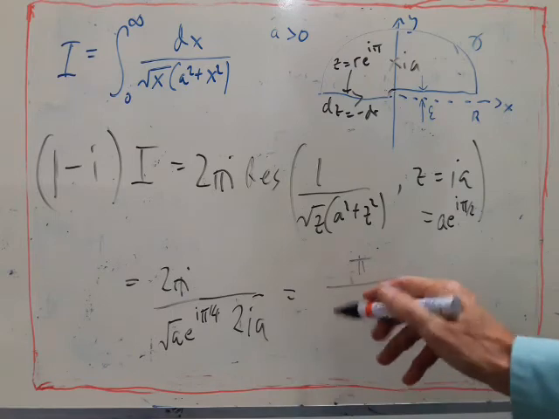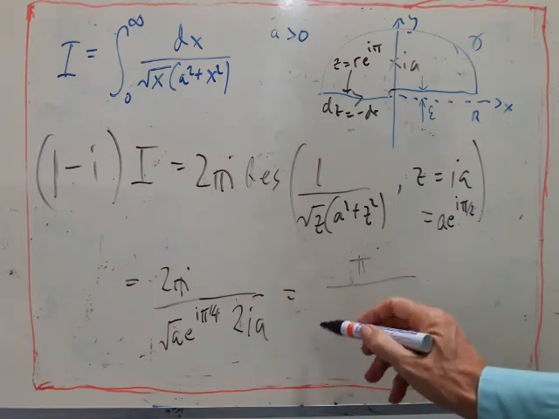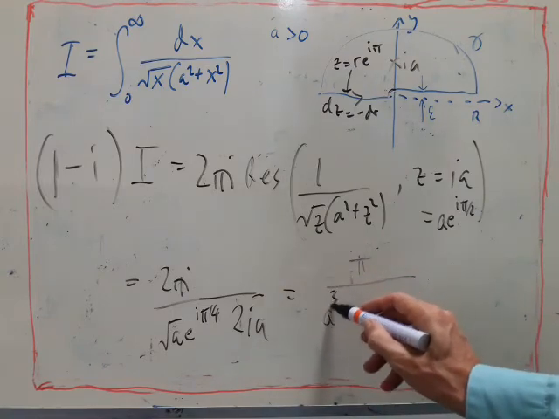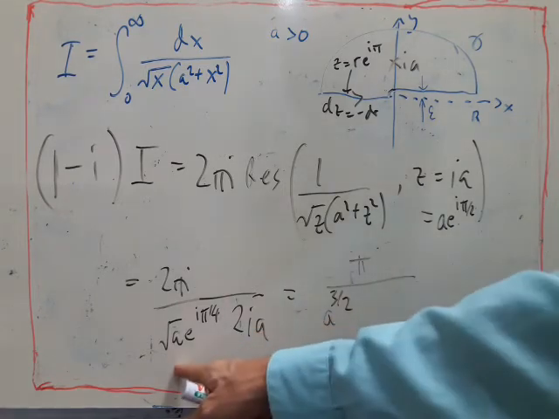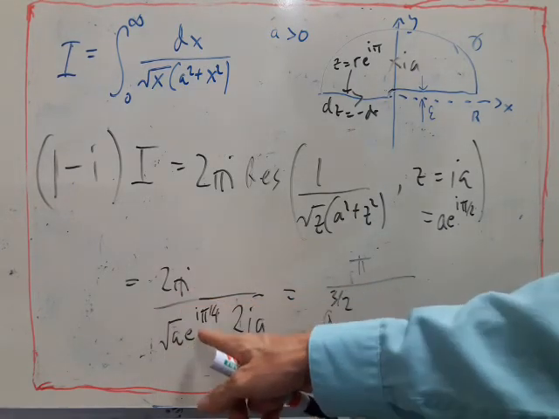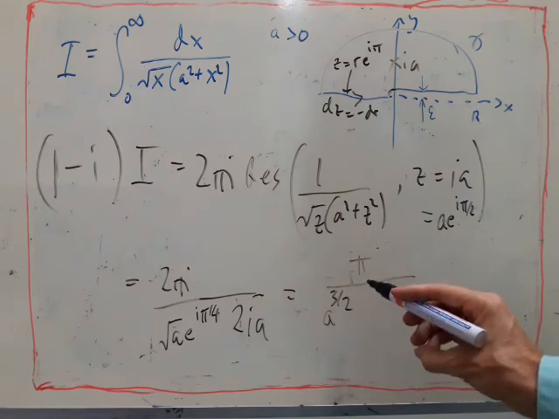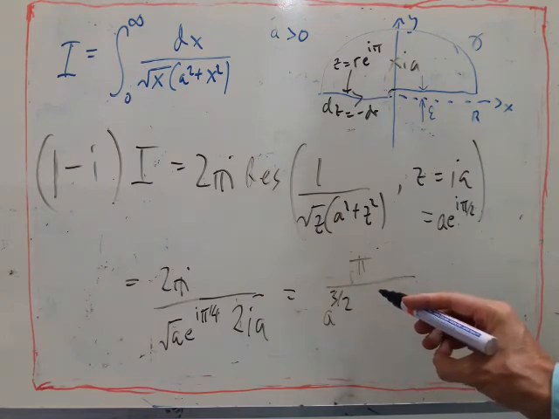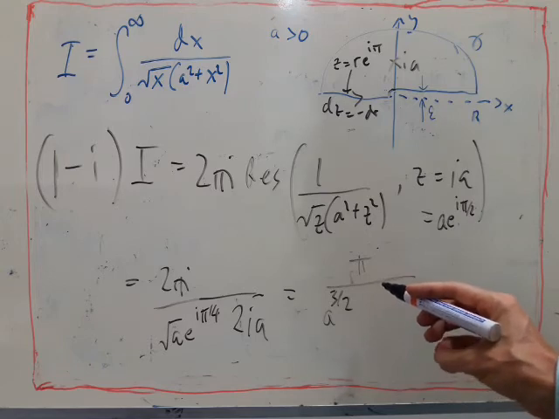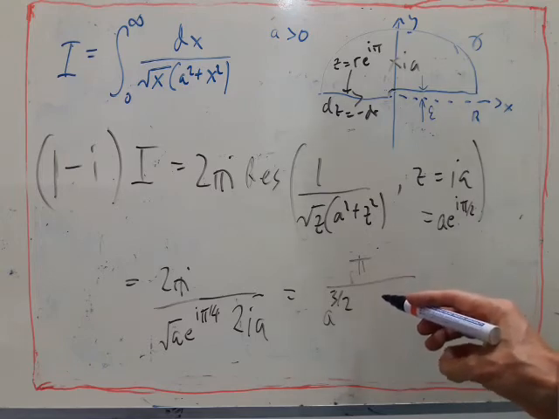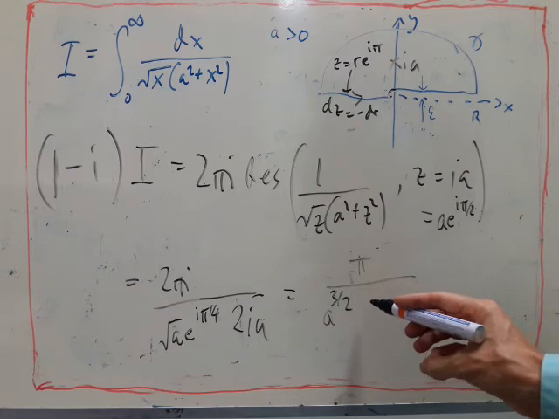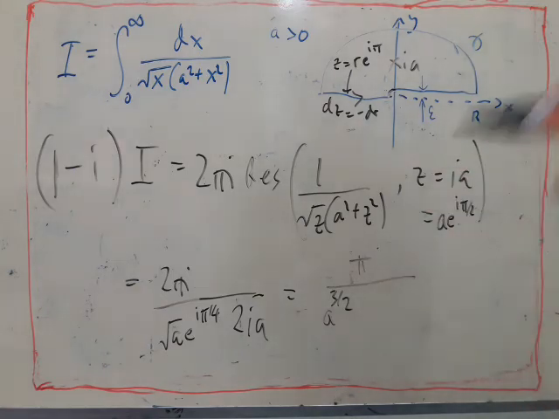Okay, so it's a to the 3 halves from these two. The 2i cancel with this 2i. I've got the pi, and I've just got e to the I pi by 4, which I can also write as, well, it's just a matter of what the best simplification is.